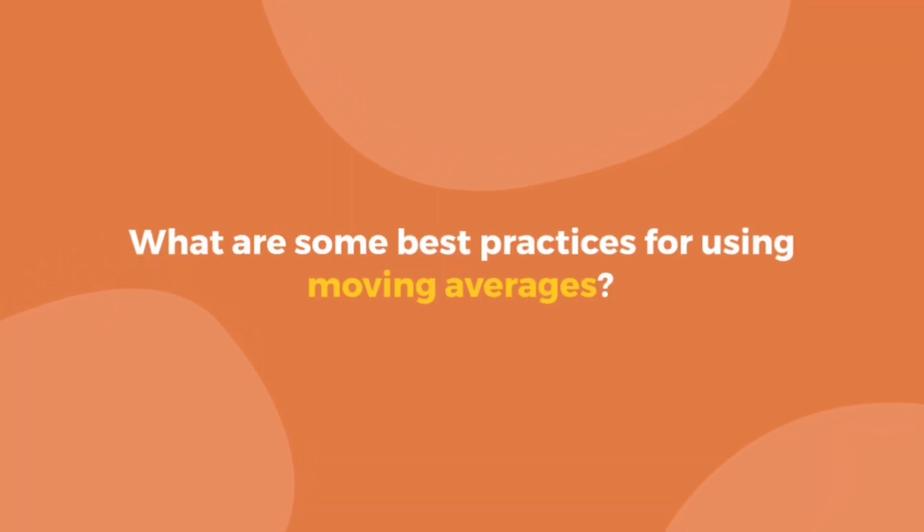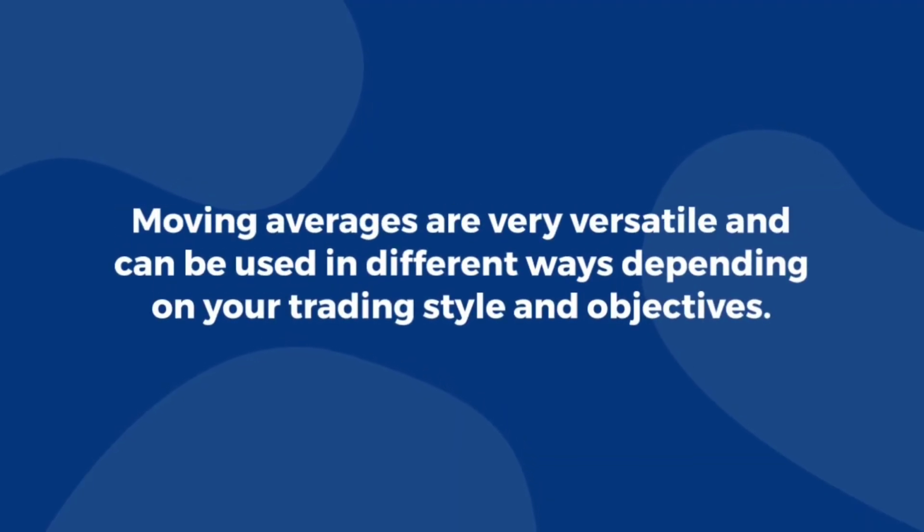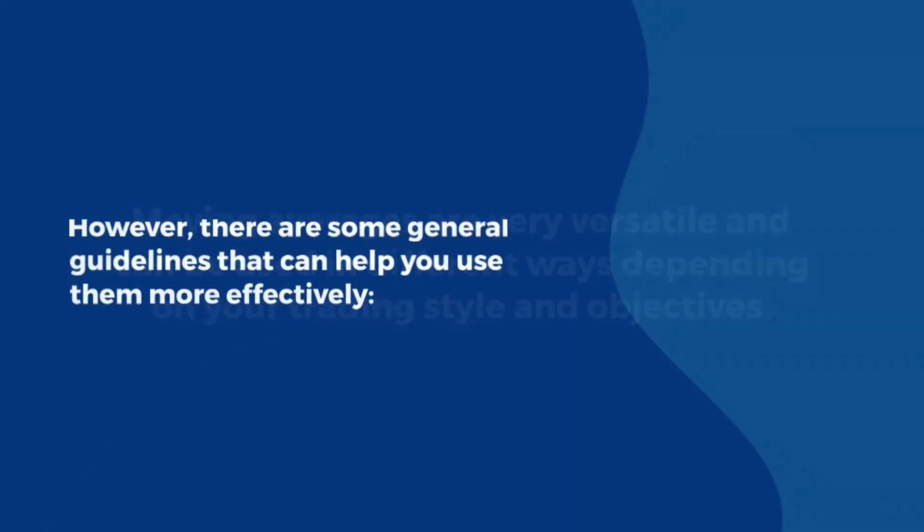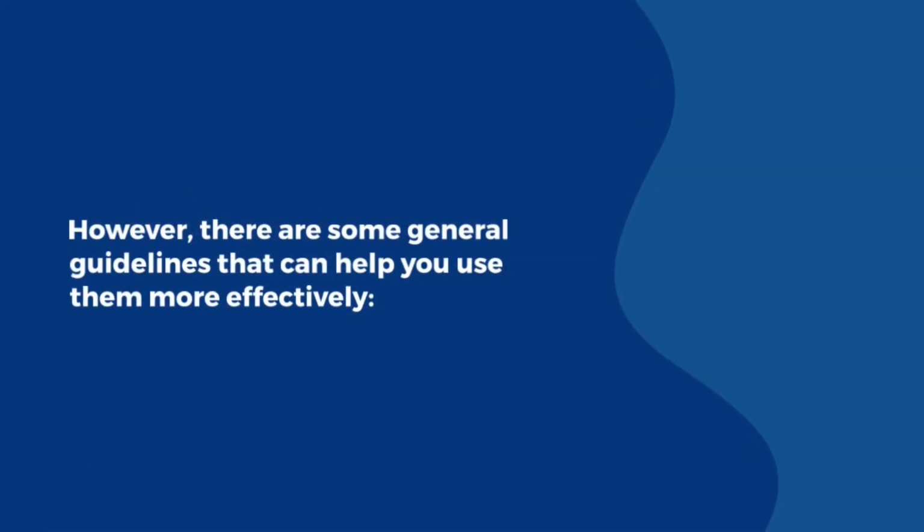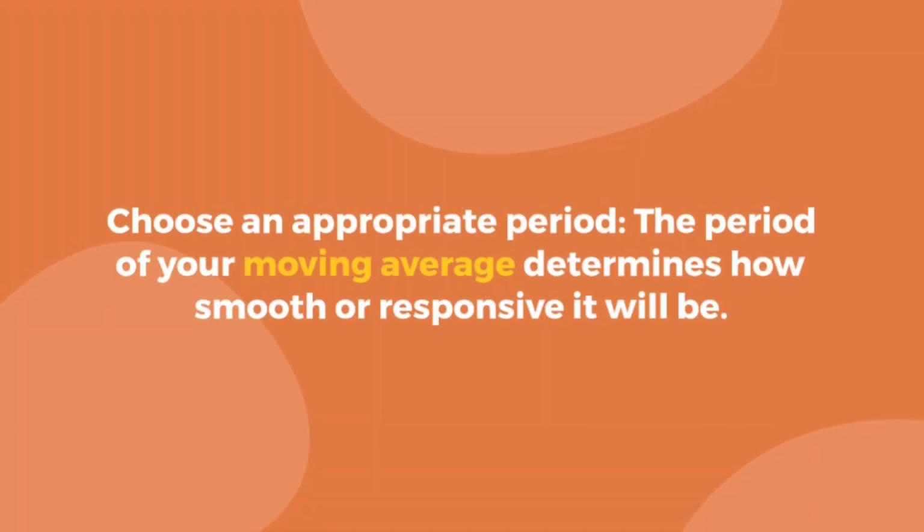What are some best practices for using moving averages? Moving averages are very versatile and can be used in different ways depending on your trading style and objectives. However, there are some general guidelines that can help you use them more effectively. Choose an appropriate period. The period of your moving average determines how smooth or responsive it will be.